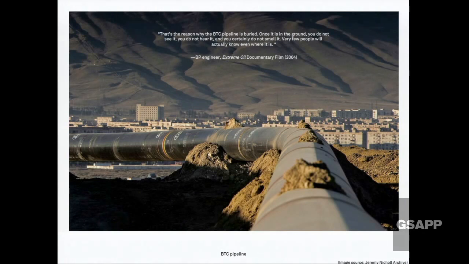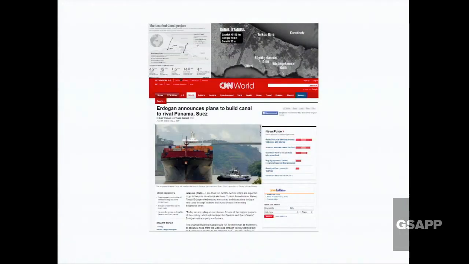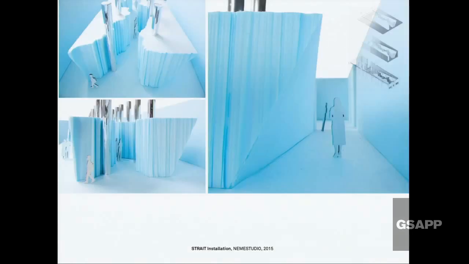And more recently, the risk associated with the tanker passage through the strait is used as a pretext for the construction of the controversial Canal Istanbul project, a massive, I should say a joke, not a project, but it is a project, a massive 30-mile long man-made canal that will act as an alternative route between the Black Sea and the Marmara Sea.